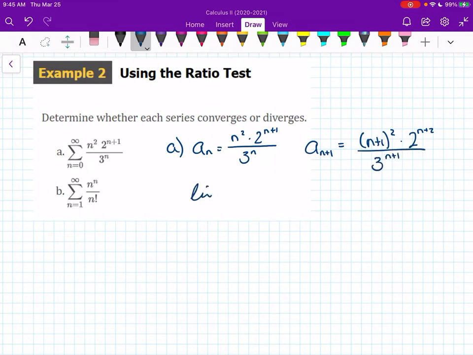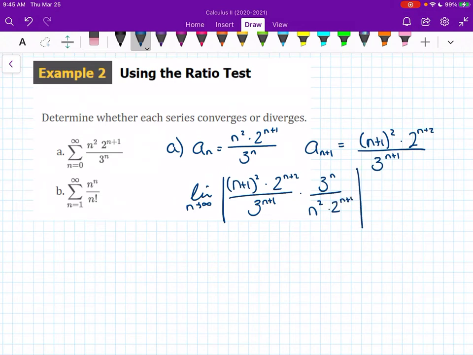So if I take the limit as n goes to infinity of a sub n plus 1 over a sub n, I have n plus 1 squared times 2 to the n plus 2 over 3 to the n plus 1, times the reciprocal of the nth term, so 3 to the n over n squared times 2 to the n plus 1.